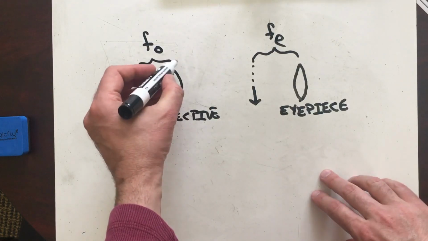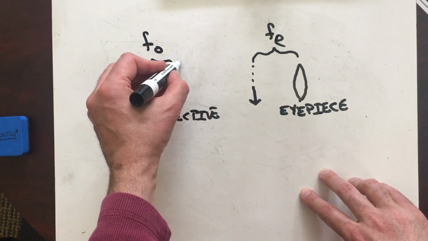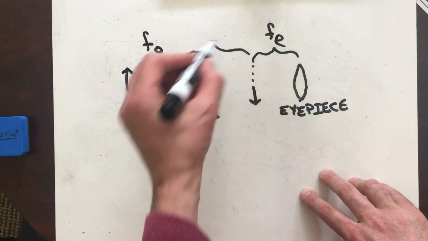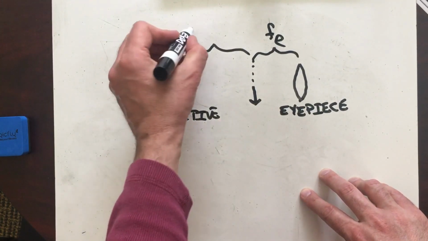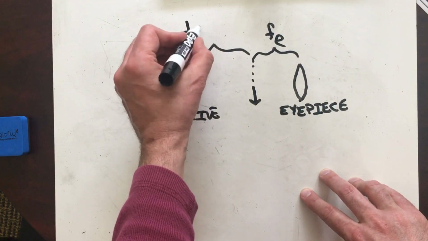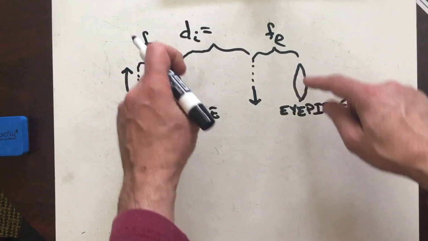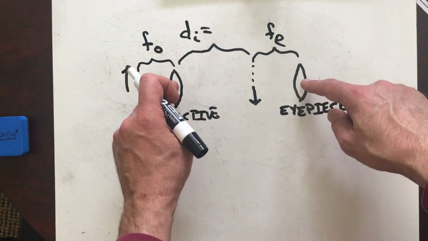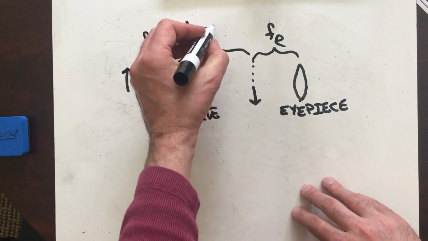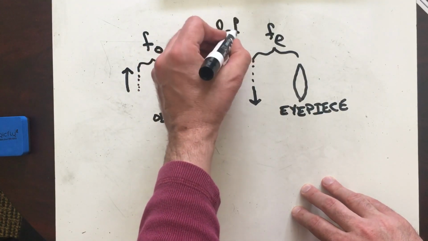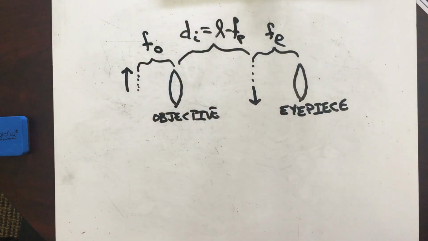And this distance here from the objective to the image is, of course, the image distance, and it's going to be equal, and this should be pretty straightforward, this is the entire length of the microscope. So this is just the length minus the focal length of the eyepiece.